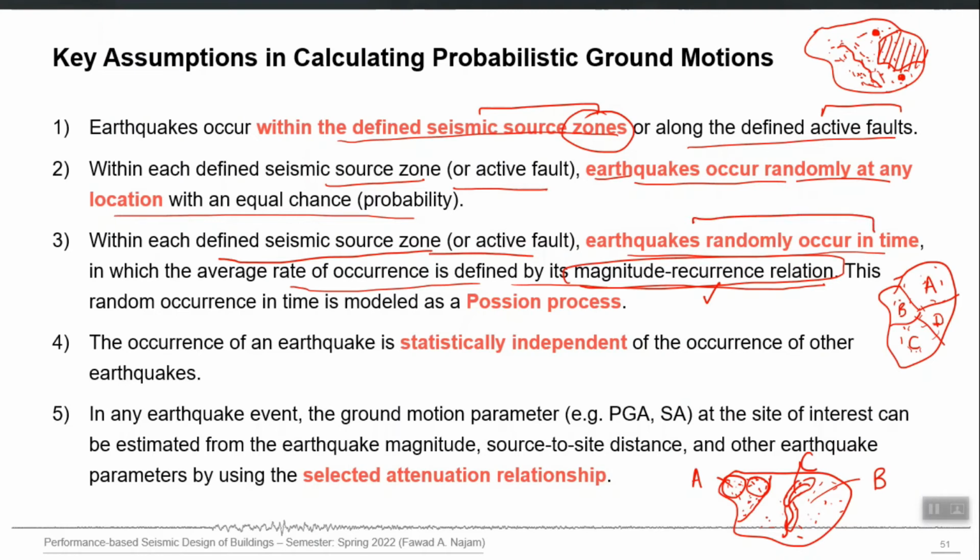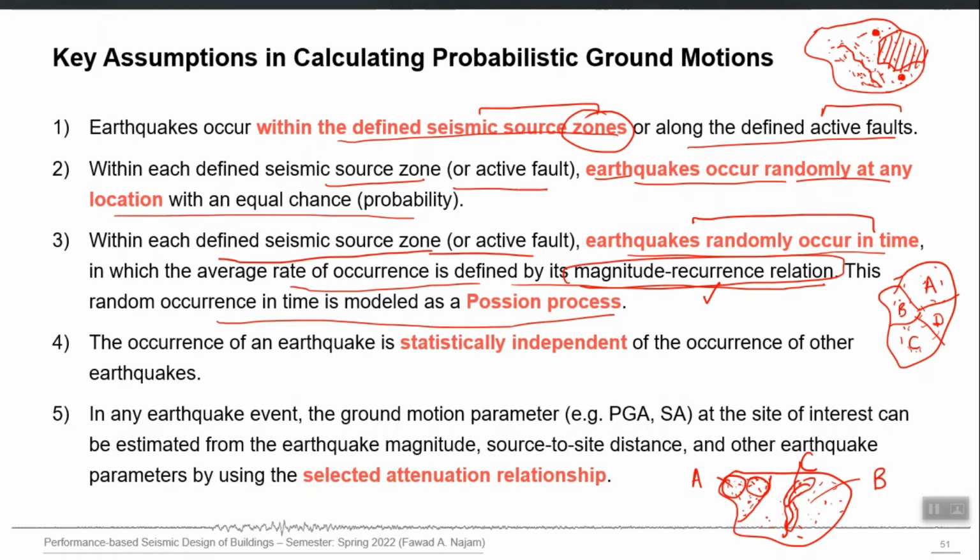In historical data, there will be no pattern. This assumption that earthquakes occur randomly in time is sometimes called the Poissonian assumption. Any process which occurs randomly in history, we can model as a Poissonian process or Poisson process. So the earthquake phenomenon is a Poisson process.